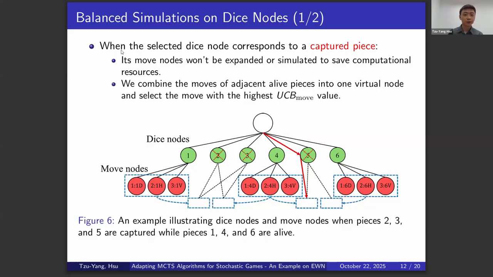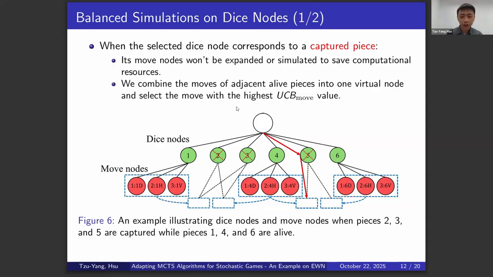During the selection, when the selected dice node corresponds to a captured piece, we won't expand or simulate the move node of it, to save computational resources. Instead, we combine the moves of adjacent alive pieces into one virtual node and select the move with the highest UCB move value.